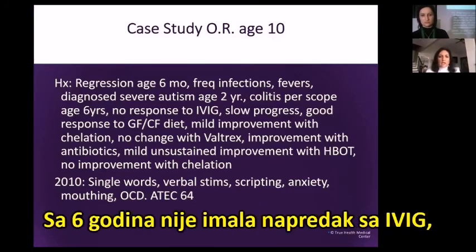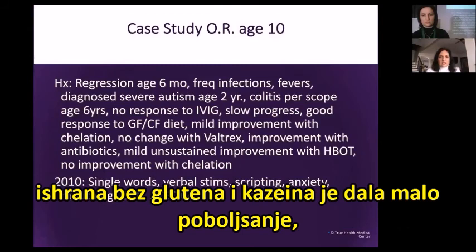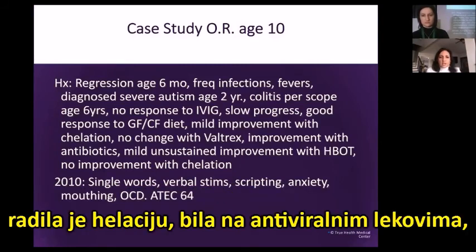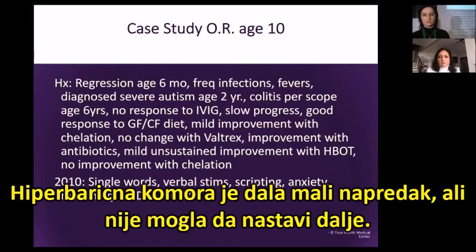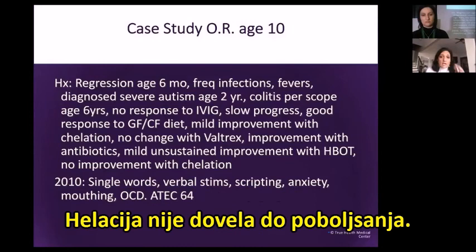And by age 6, she had IVIG with no improvement, a casein-free, gluten-free diet with mild improvement. She did some chelation, she used antiviral drugs, and she used to get better with antibiotics. HBOT gave her some minimal improvement, but she couldn't sustain it. And no improvement with chelation.